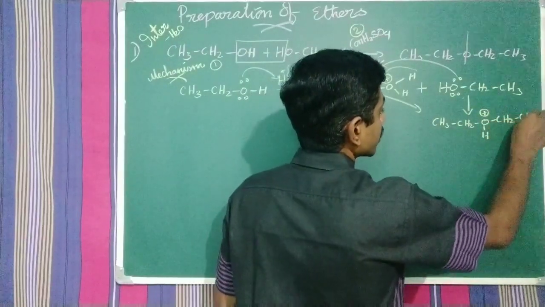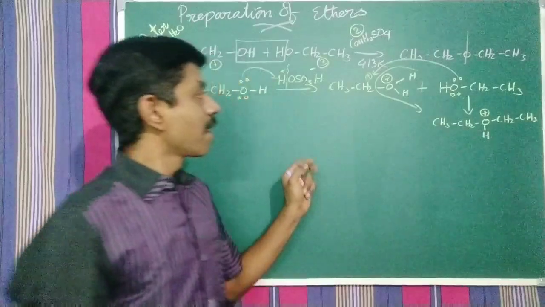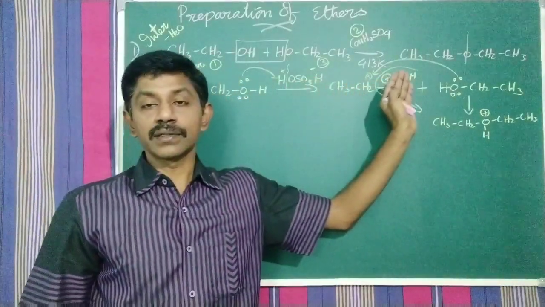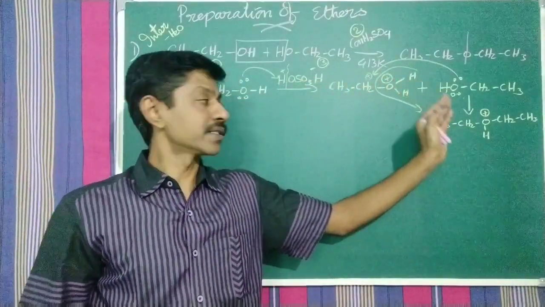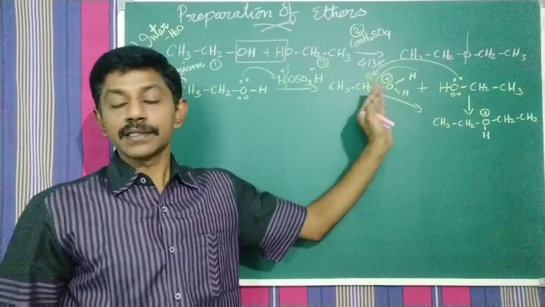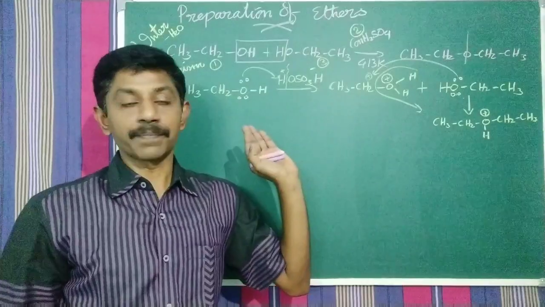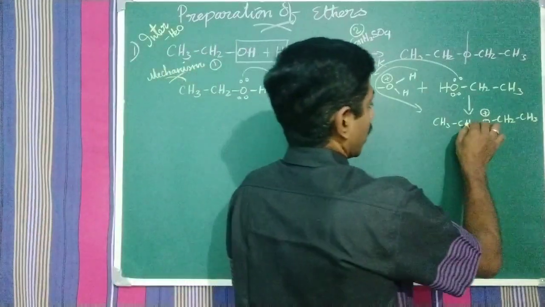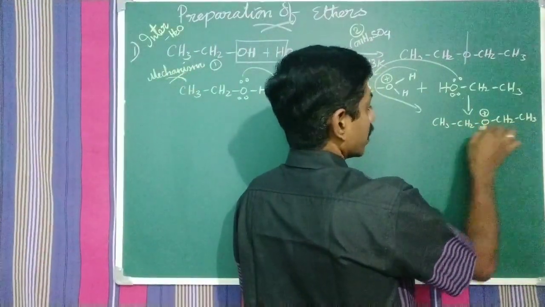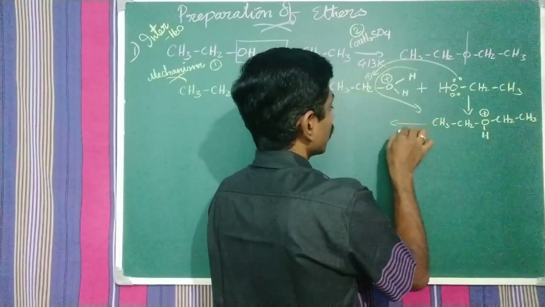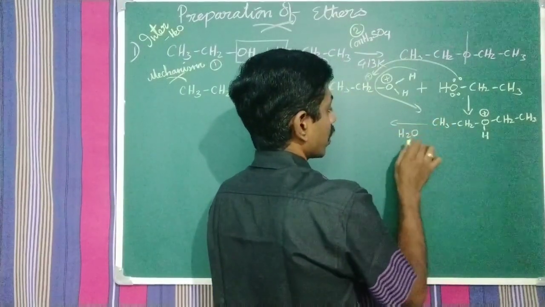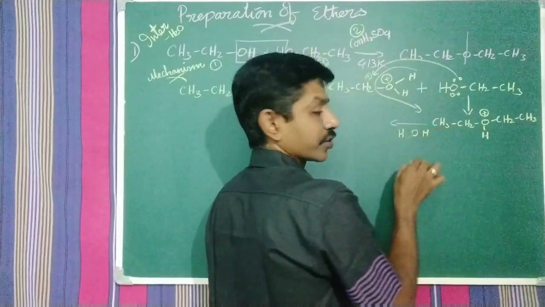Again CH2, CH3. It looks like a lot of arrow marks and positive, negative charges, but the mechanism is always similar in nature. And once this is over, we are adding a molecule of water, H2O, I can write HOH.